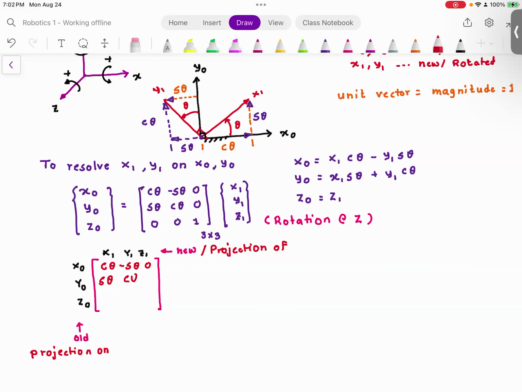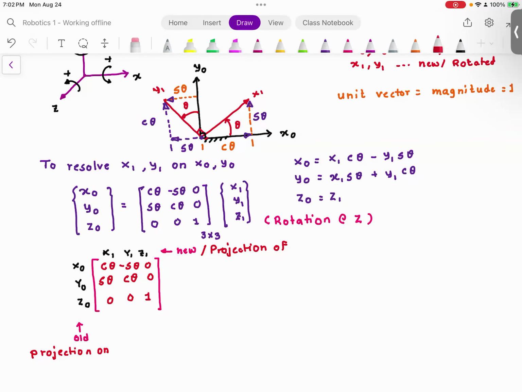What is the projection of z1 onto y0? 0. What is the projection of x1 onto z0? No relationship between x1 and z0, so 0. y1 onto z0, 0. z1 onto z0, 1.